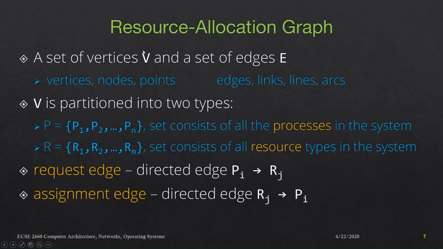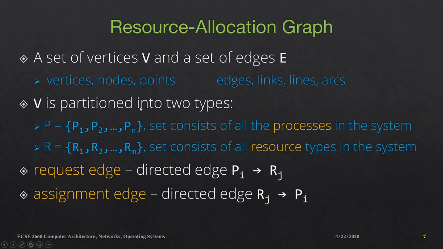We are going to use a set of vertices V and a set of edges E. Vertices in a graph are also called nodes, they are also called points. And edges are sometimes called links or lines or arcs. So there will be a bunch of vertices that are connected with each other with edges. That's essentially it.